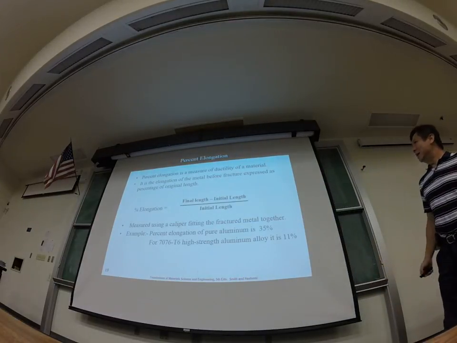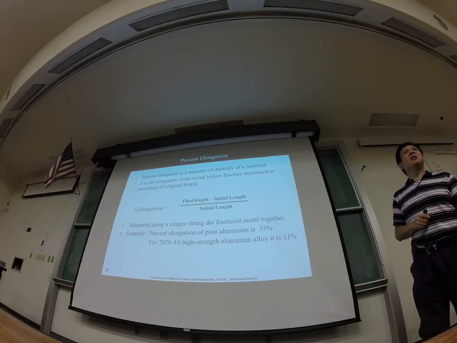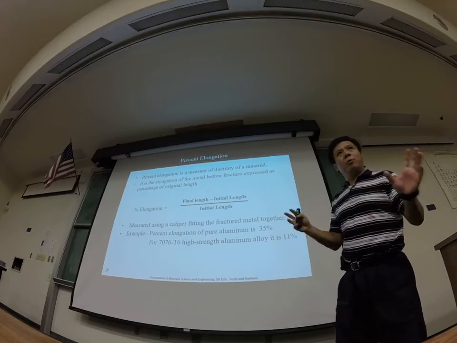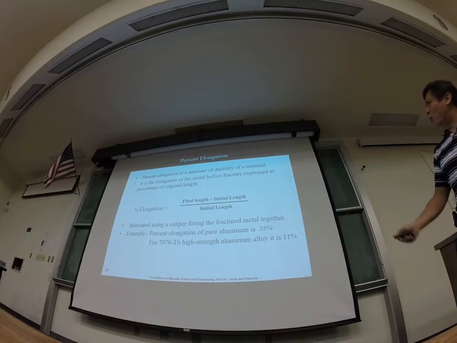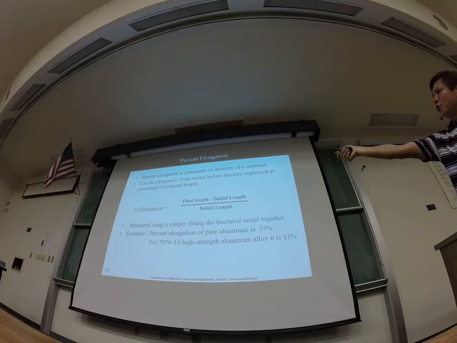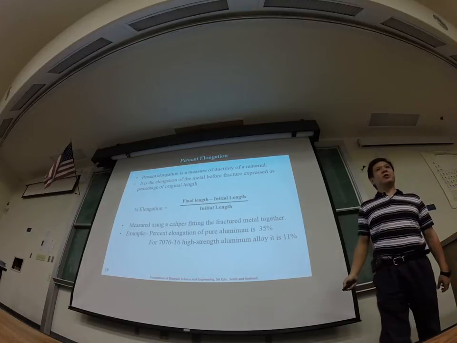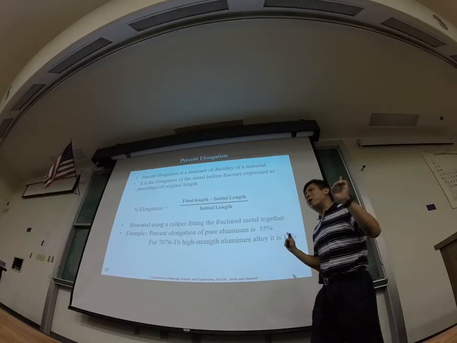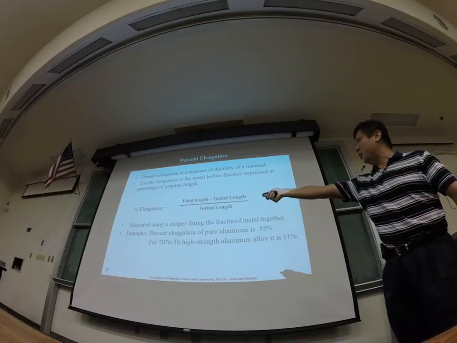Another way to really define the ductility, how ductile the metal is, there are several different ways. One commonly used way is what we call percent elongation. That's a very easy way to measure experimentally. So we define the percentage elongation as what?